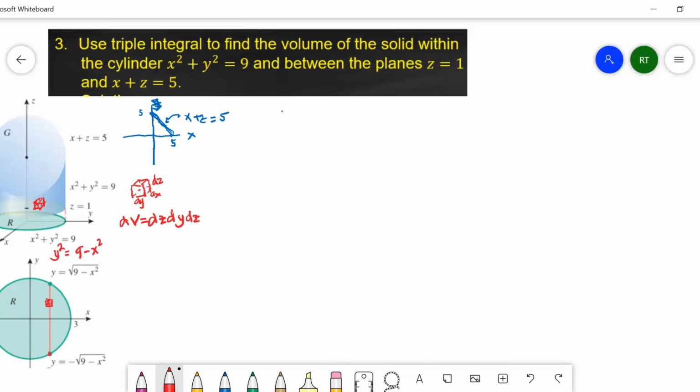Hence, if we will get the volume of the box, let me use the blue ink.